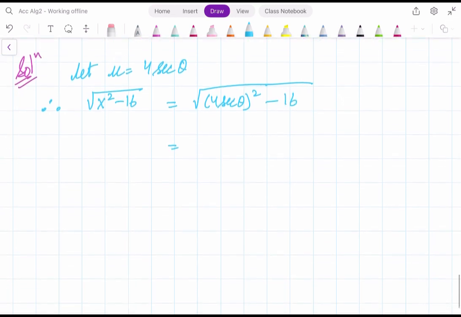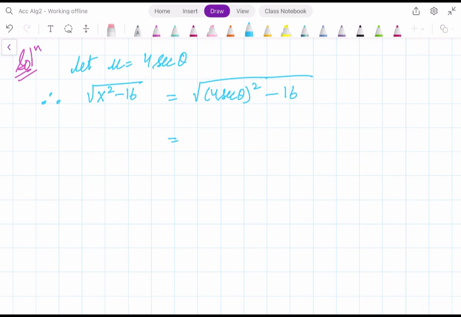Now what is 4 secant theta squared? That will be radical of 16 secant squared theta minus 16. At this point, I can factor out 16, and we are left with secant squared theta minus 1.